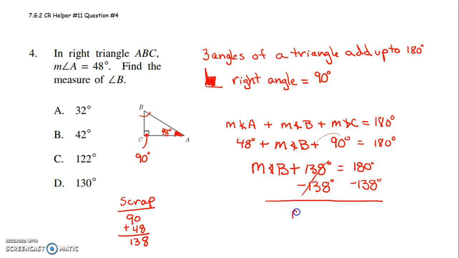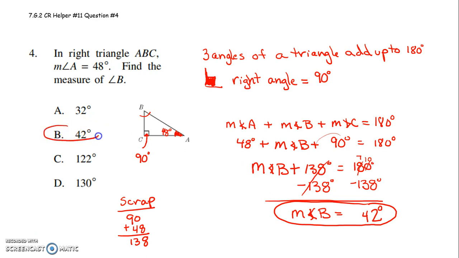So on this side of the equation, we have measure of angle B equals 180 minus 138. Let's see. We got to borrow here. So 8 becomes a 7. This becomes a 10. 10 minus 8 is 2. 7 minus 3 is 4. 1 minus 1 is 0. So the measure of angle B must be 42 degrees.